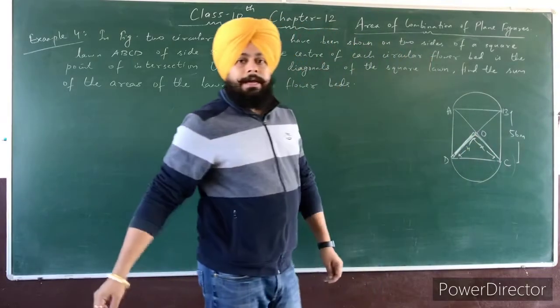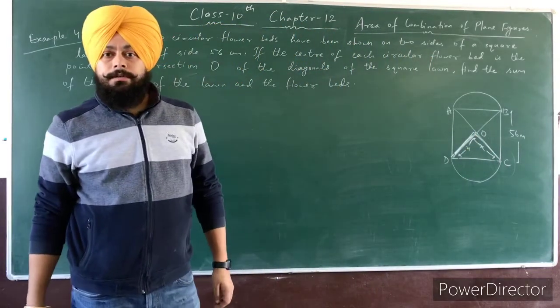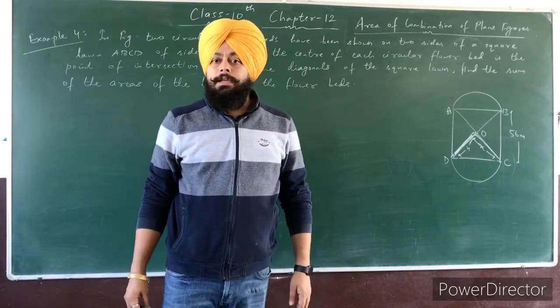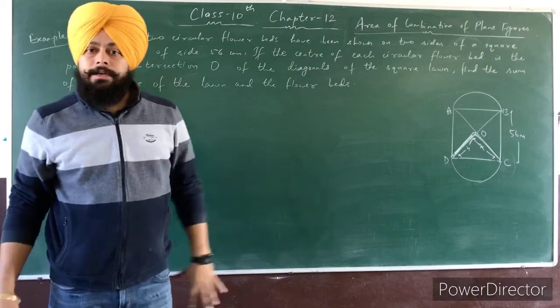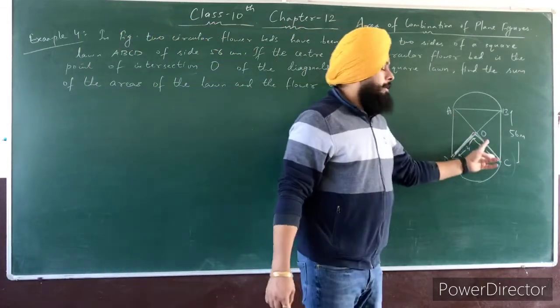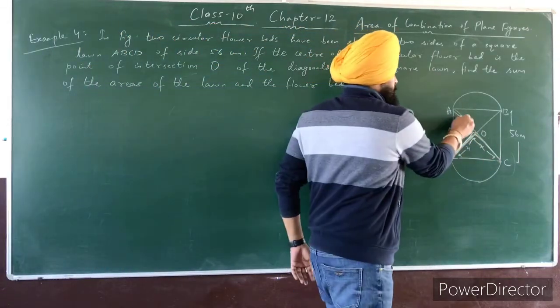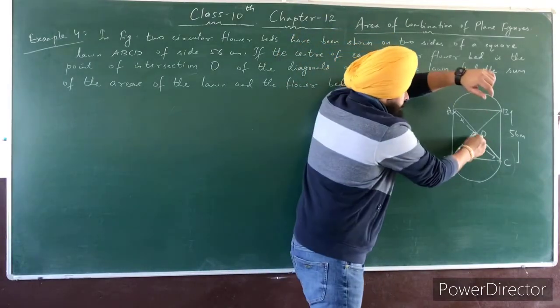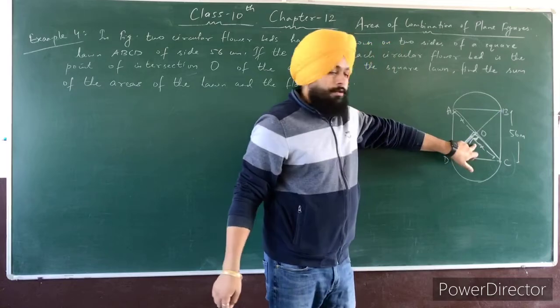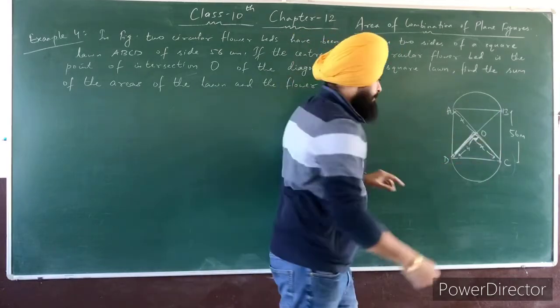We know that the diagonals of a square bisect each other at 90 degrees. Bisect means they divide into two equal parts. And this angle is of measure 90 degrees. So you can see that it is a right angle triangle.